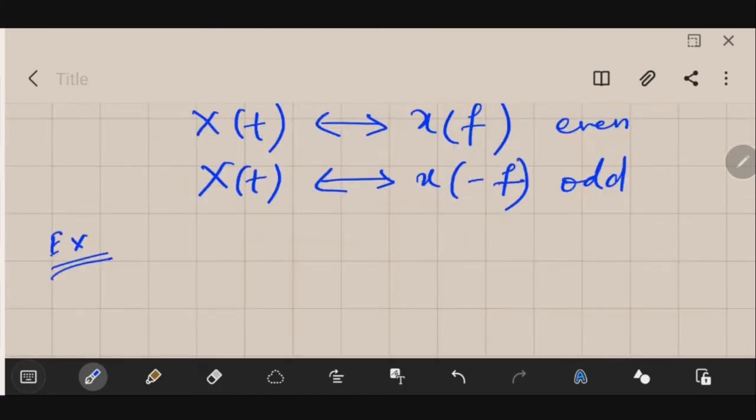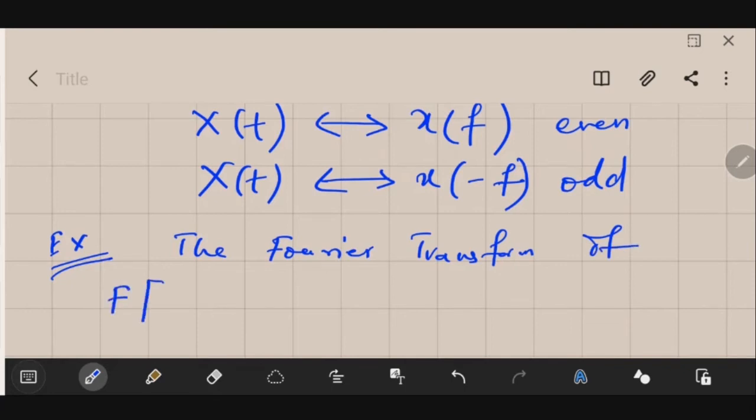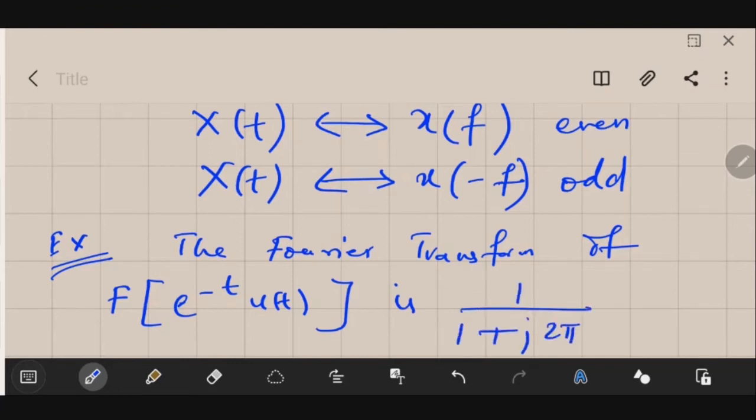Okay, so the question is like this: the Fourier transform of e to the minus t u of t is 1 by 1 plus j 2 pi f.